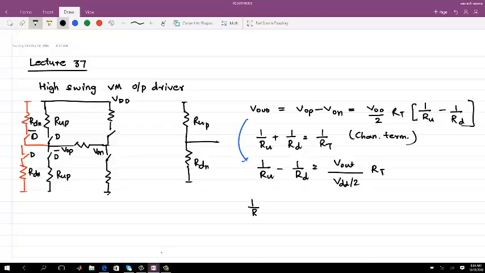So 1 by RU is equal to, so wait a minute, this is 1 by RT. So 1 by RU is equal to 1 by 2 RT from this equation into 1 plus V out by VDD by 2, right?